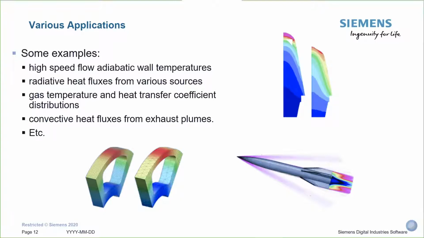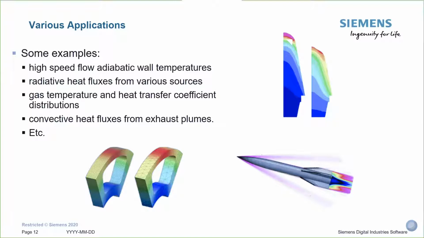Why would you need to do this? Some examples would be high-speed flow fields where you have adiabatic wall temperatures that you want to apply on your thermal model. You have some radiative heat fluxes that aren't taken into account explicitly in your model that are coming from a different type of model, and you want to just apply as a heat flux on the surface of your spacecraft, for example.